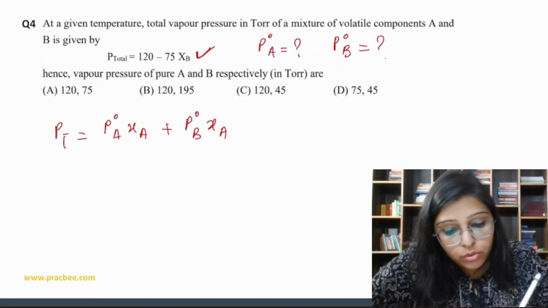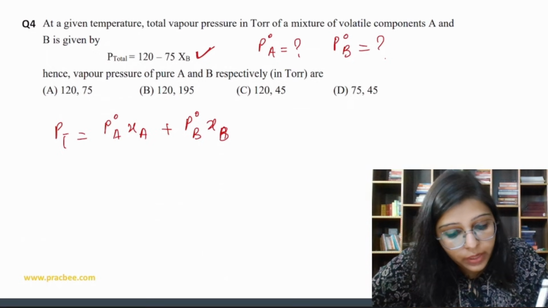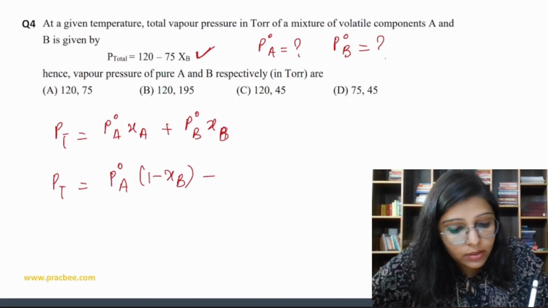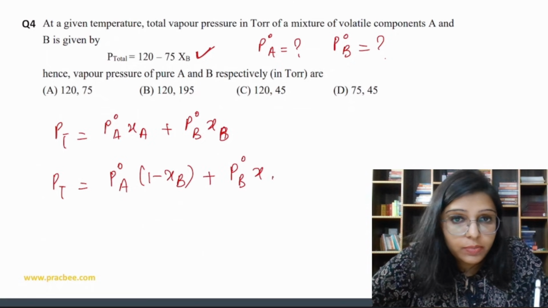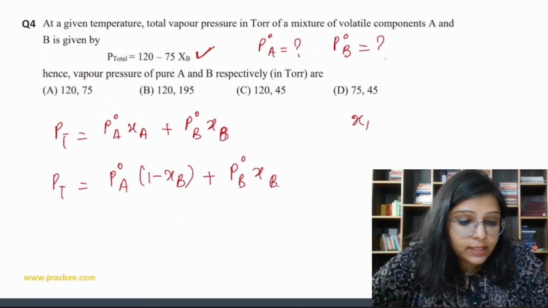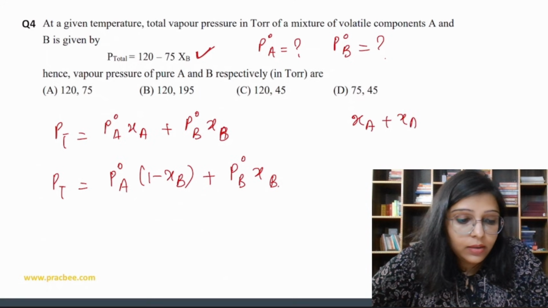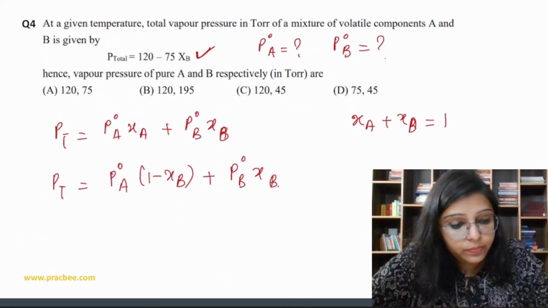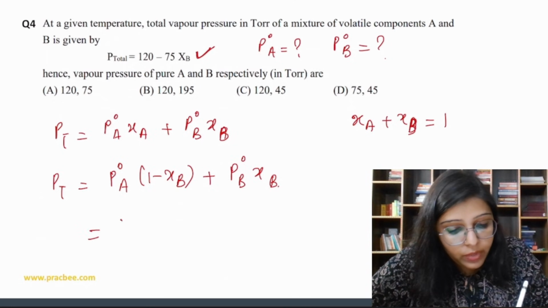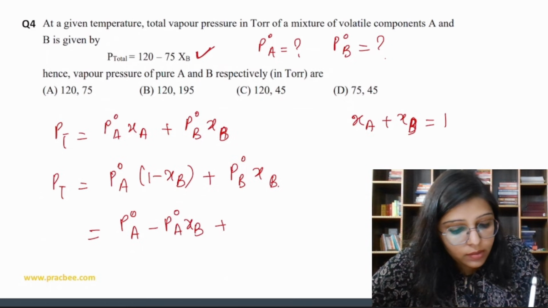So what I am going to do, in place of XA, I can write P naught A (1 minus XB) plus P naught B XB, because XA plus XB is equal to 1. So we get P naught A minus P naught A XB plus P naught B XB.